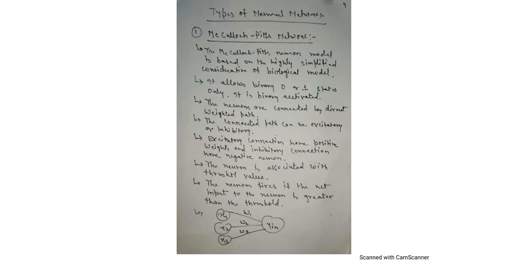So the neurons are connected by a direct weighted path. There will be inputs and an output. Output means the neuron, and there will be a weight for each input.